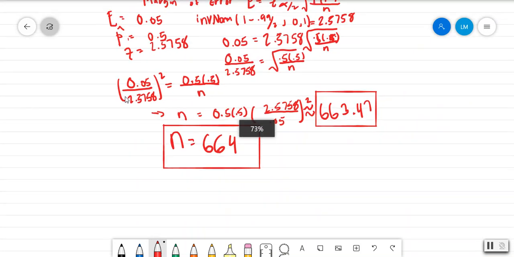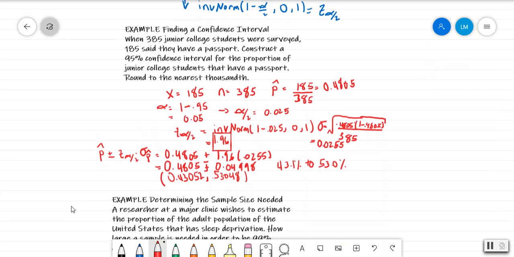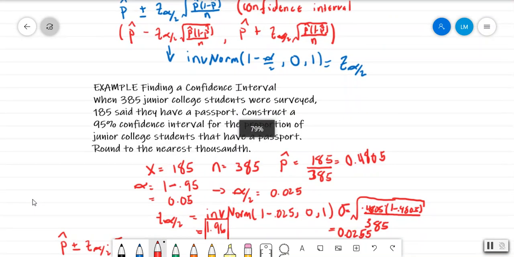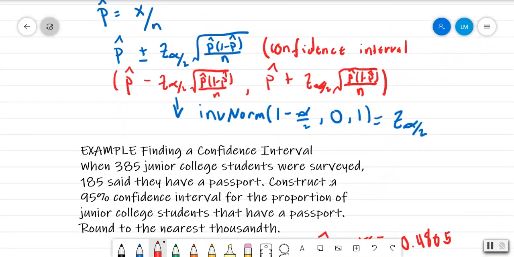As you go through some of these problems, it helps to know the different formulas. So be sure that you run through the different formulas that you would have used. And make sure that this says alpha over 2.